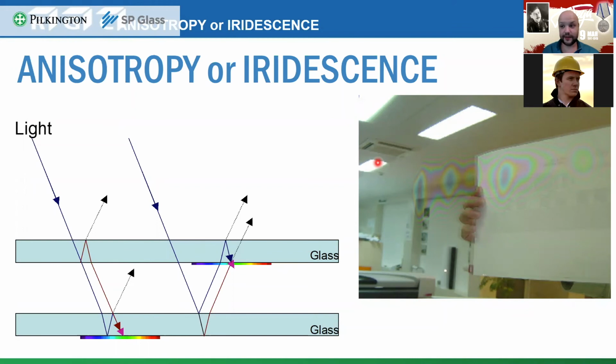And when the sun is shining on the glass, the solar rays will be reflected back and forth at a slightly different angle. And then they will be able to interfere with each other, producing colorful stripes, colorful dots.